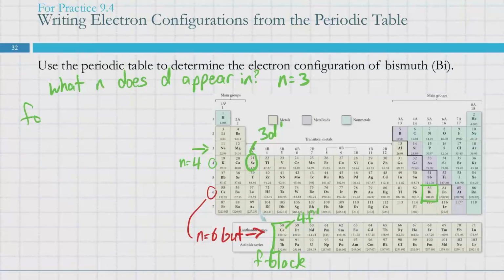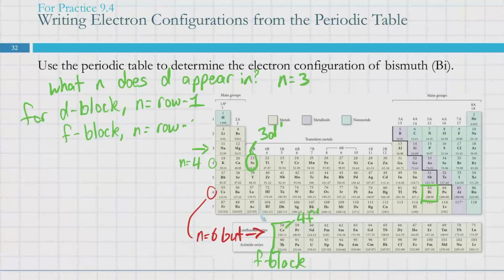So for D block, n equals row minus 1. For F block, n equals row minus 2. Keeping that in mind, go ahead and see if you can come up with the electron configuration for bismuth.